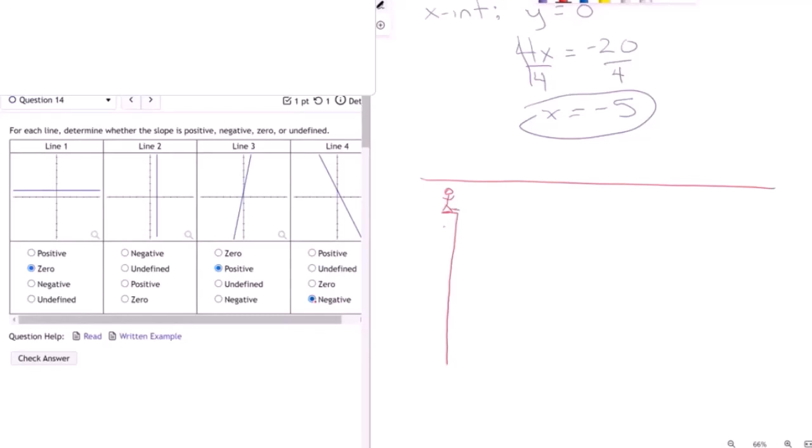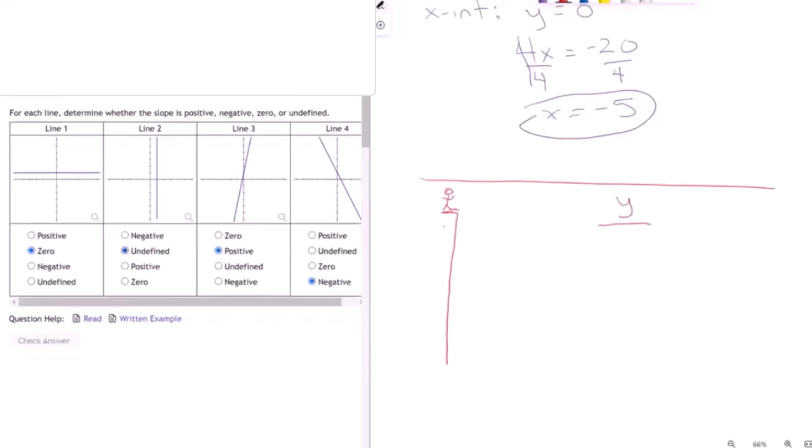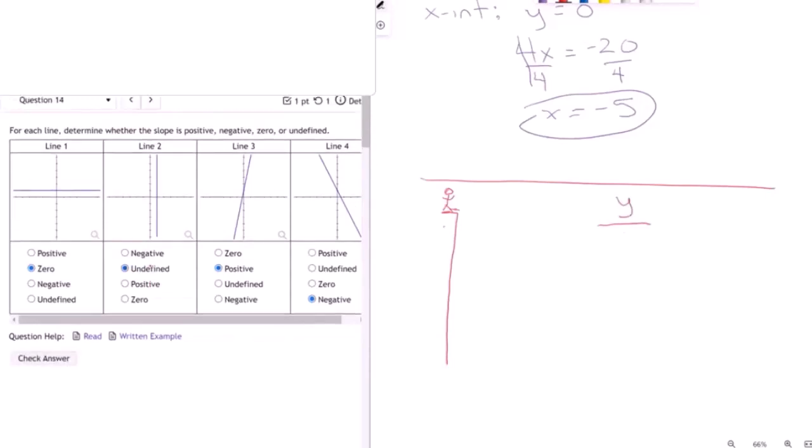You're going to tumble over. That's because this is undefined. It does not have a slope. It has an undefined slope. If I talk about the rise as some y value, but the run, which is the change in x, is 0, anything over 0 is undefined, does not equal anything.